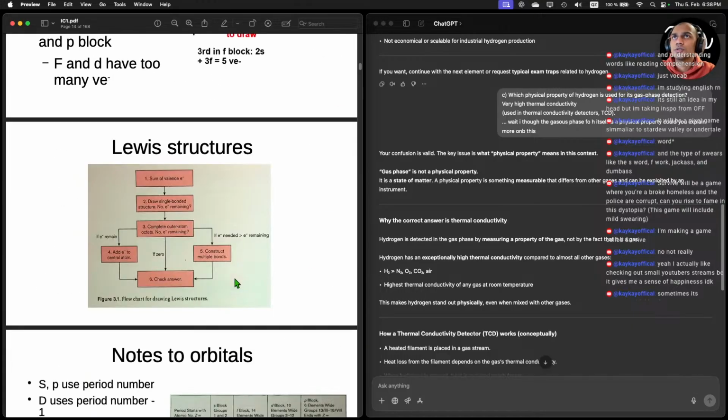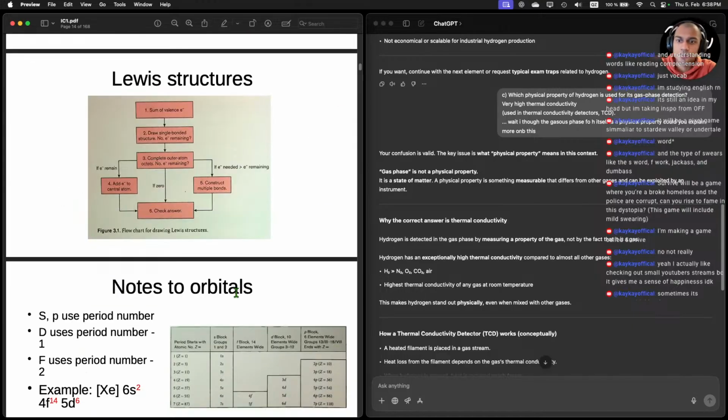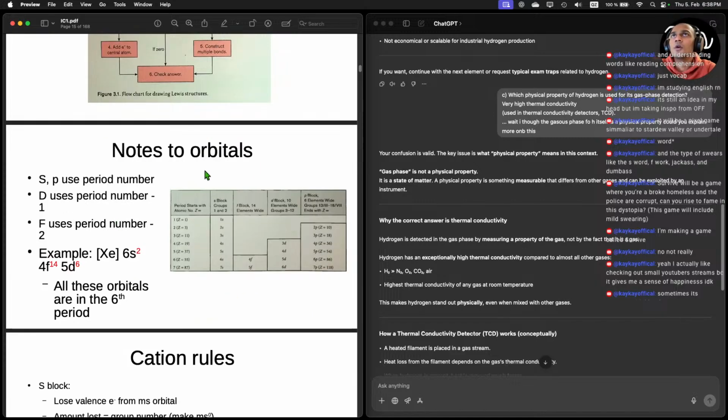Lewis structures. These are all general chemistry. Nodes to orbital. SP use period number. D uses. Is it S orbital, P orbital, or S block, P block, D block?